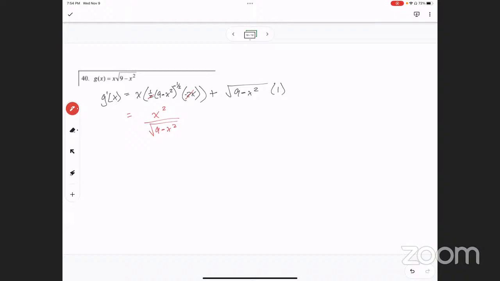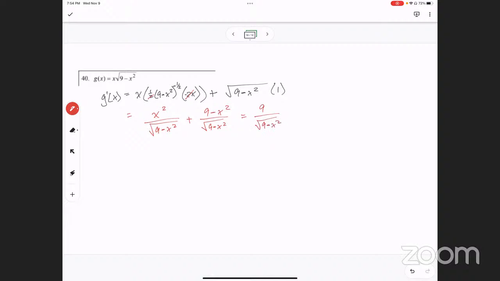Plus, now let's rewrite this so that it has the square root of 9 minus x squared in the bottom, which would be that, right? Because we multiplied it on the top and bottom. So that simplifies to 9, because the x squareds cancel out, over the square root of 9 minus x squared.